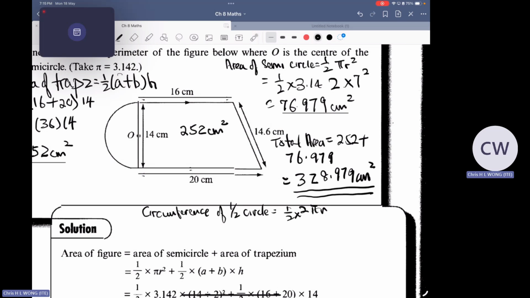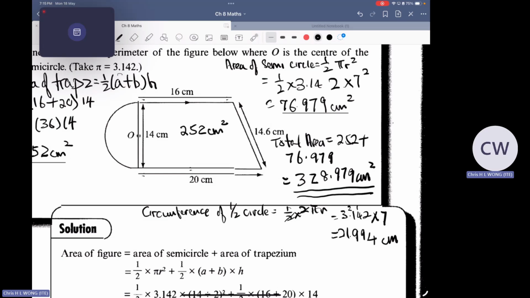So if I have the half, I cancel the 2, gone already, isn't it? So I have pi r equals to 3.142 times 7 only, isn't it? Yeah. 3.142 times 7, anybody? 7 times 2, 14. 4 times 7, 28, 29. 1 times 7, 7, 21. 21.994 cm. No square because circumference, right?